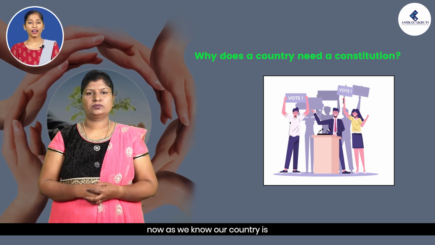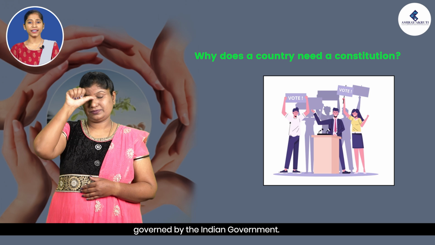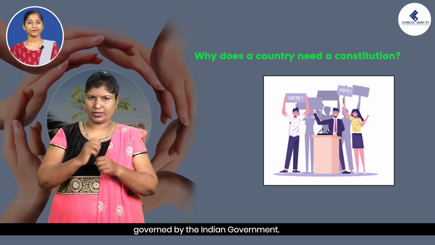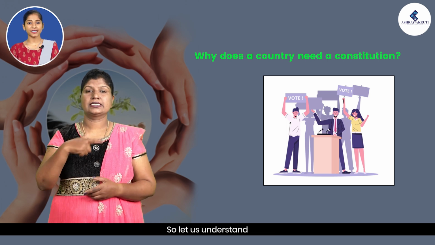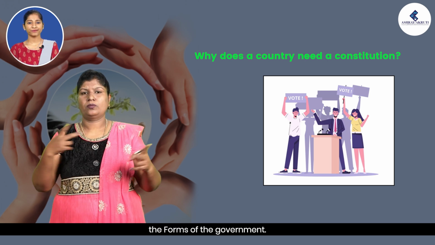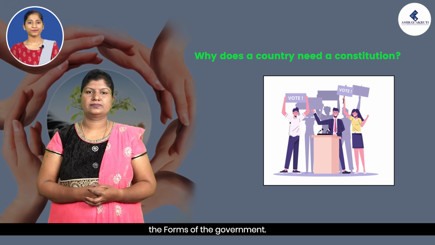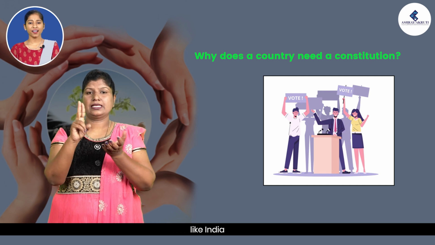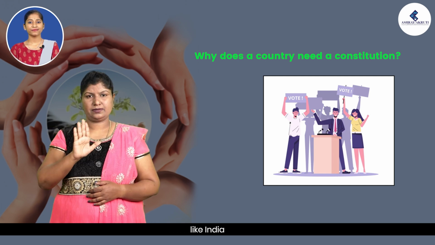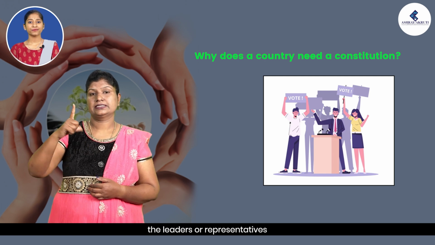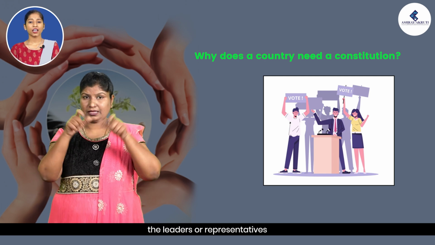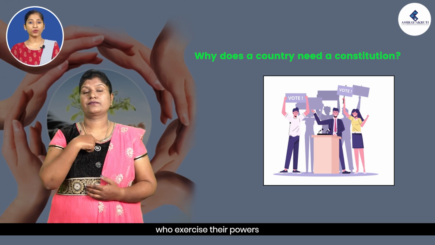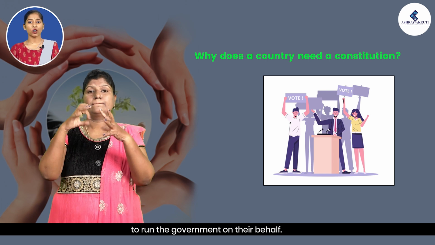Now, as we know, our country is governed by the Indian government. So, let us understand the forms of the government. In a democratic country like India, the leaders or representatives are chosen by the citizens who exercise their powers to run the government on their behalf.